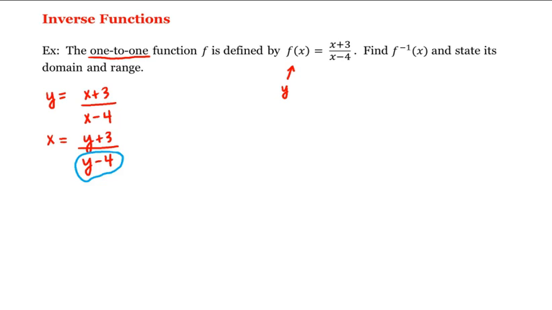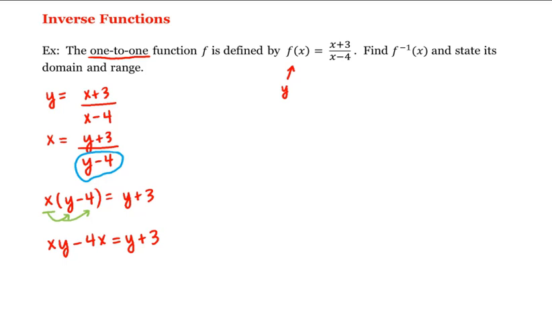So let's begin by multiplying both sides of the equation by this denominator here, the y minus 4, which gives us x times (y minus 4) is equal to y plus 3. And now let's distribute this x to both of these two terms, which gives us xy minus 4x is equal to y plus 3.